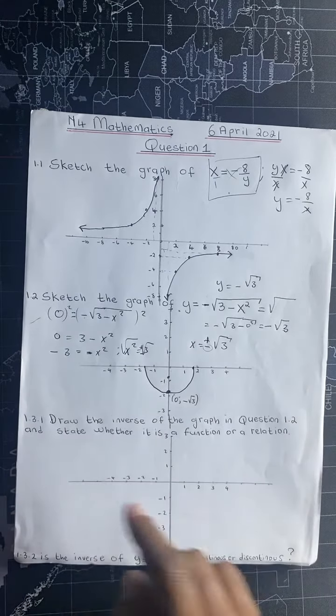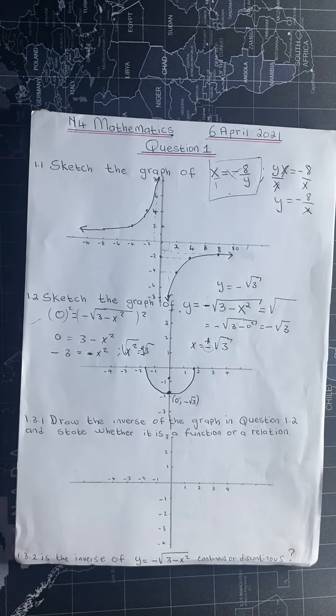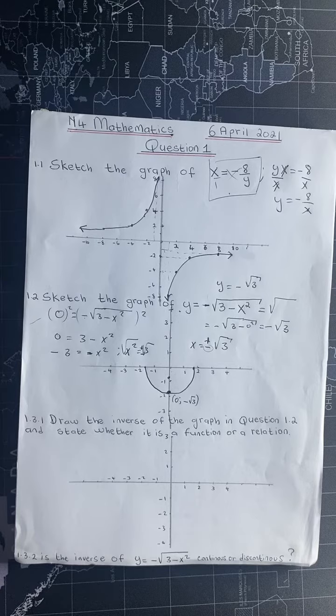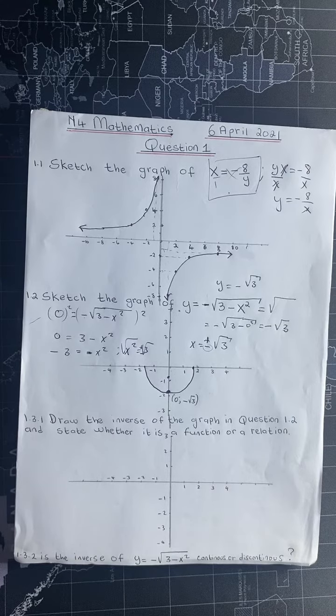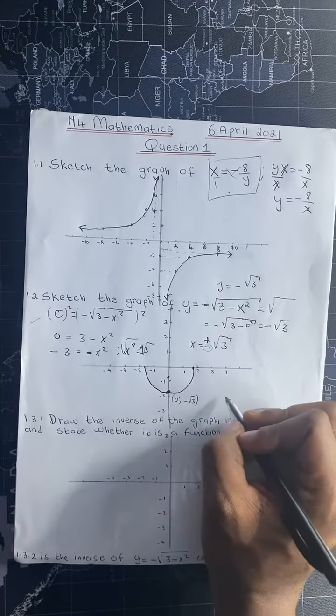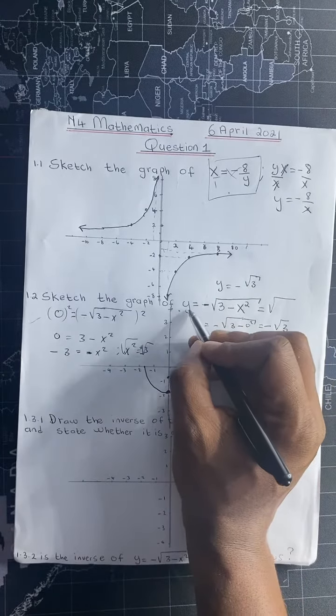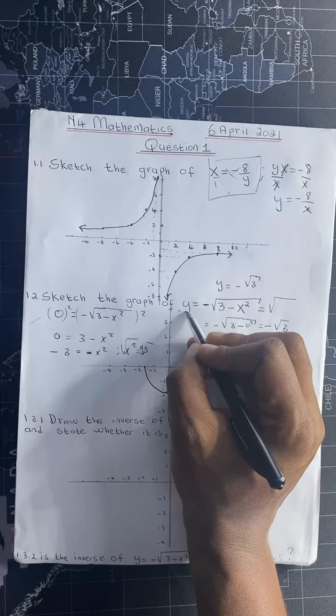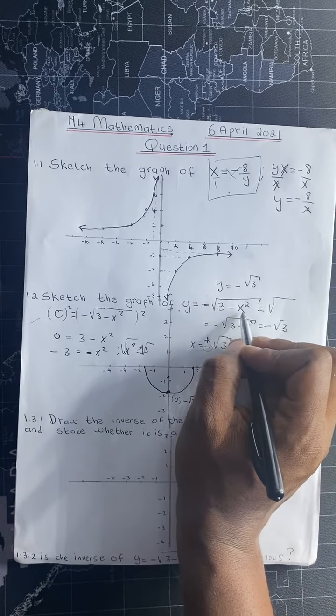So it's going to take that form. Question 1.3.1, draw the inverse of the graph in question 1.2 and state whether it is a function or a relation. So we have to find the inverse. By inverse, we have to put x values where there are y values, and put y where there is x.